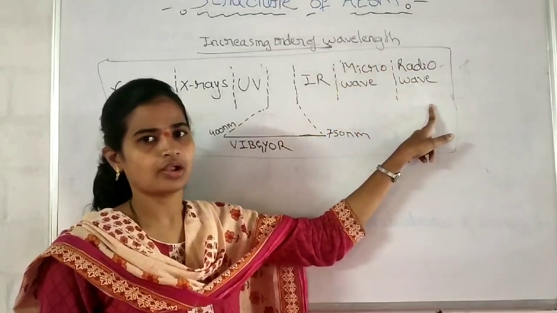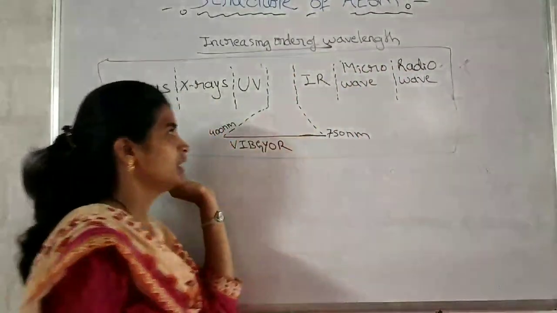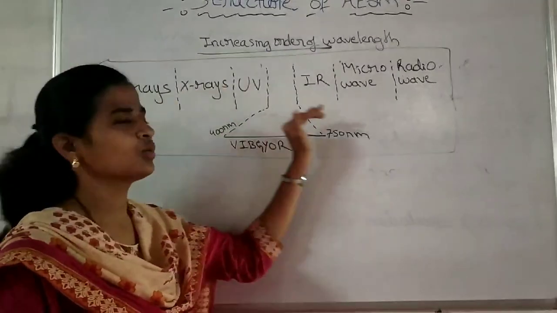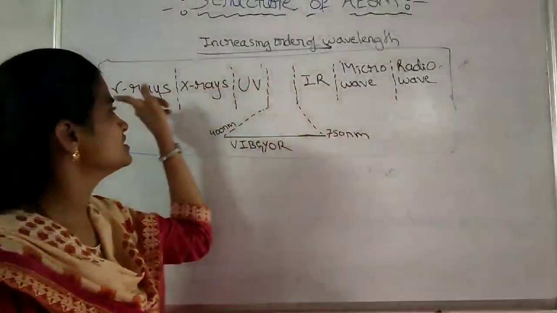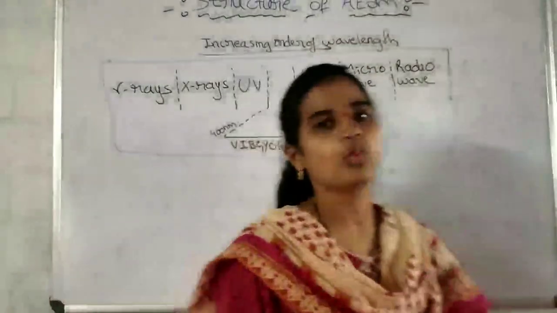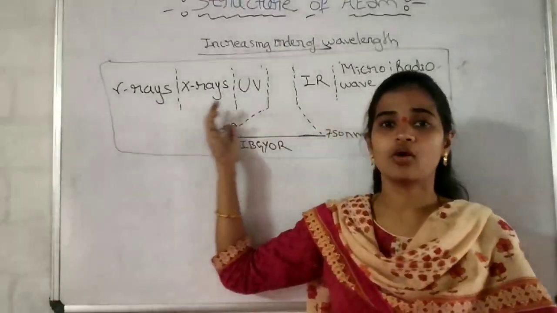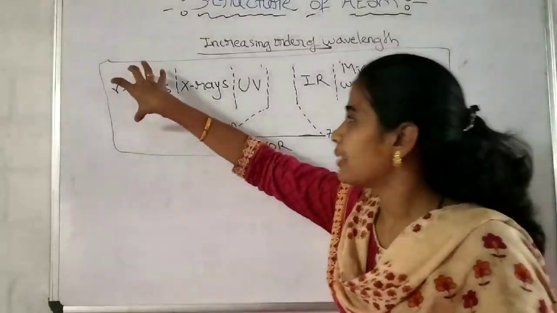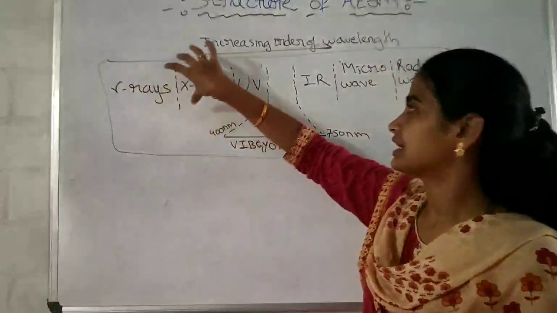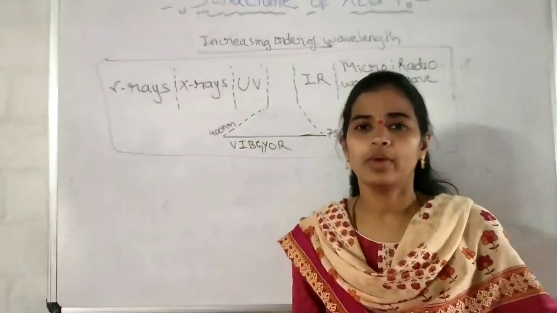We have heard of all these. They all come under the electromagnetic spectrum. These are arranged in the increasing order of their wavelength. For example, gamma rays have a lesser wavelength compared to X-rays, like this.